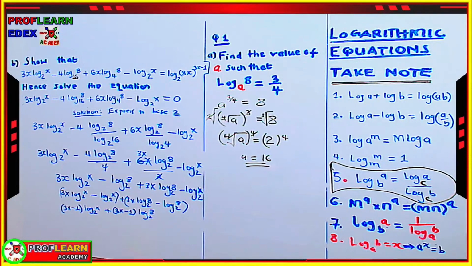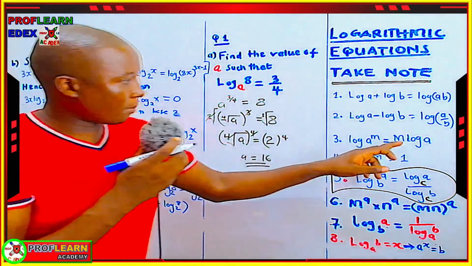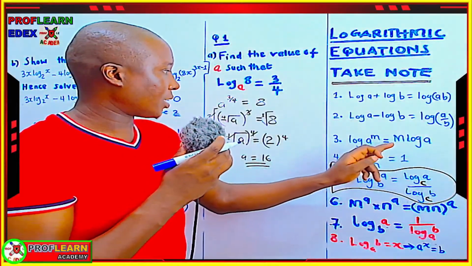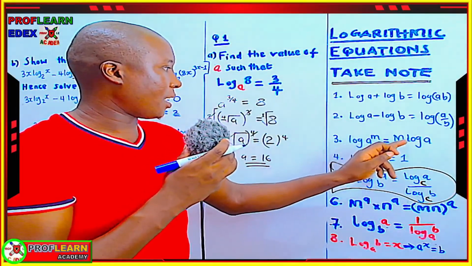At the same time, if you are having the same power, m power a times n power a is the same as m times n power a. Believe we are together up to that point.